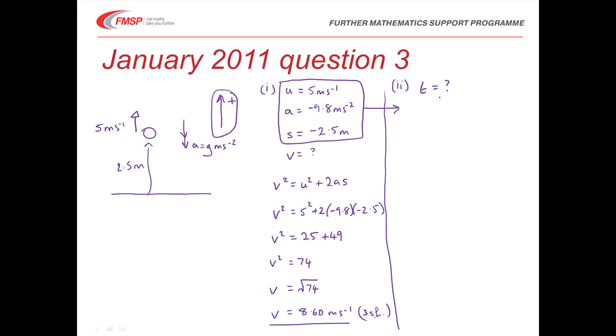So I want an equation that links u, a, s and t. And my advice is, although we know v, we hope it's correct, don't rely on that answer when we can rely on information we know is definitely correct from the question. So I'm going to use s equals ut plus a half at squared.